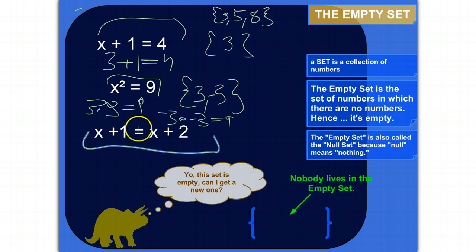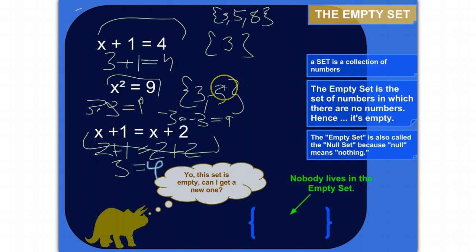If I plug in 2 here, 2 plus 1 is 3. Plug in 2 here, 2 plus 2 is 4. 3 equals 4? Is it ever true that 3 is equal to 4? No. You can try all kinds of numbers, and you'll never find a solution to this.